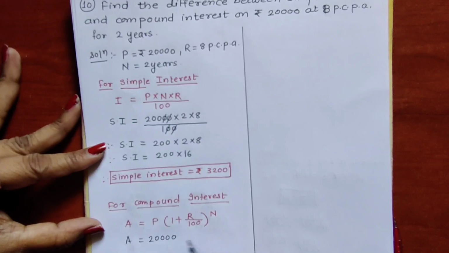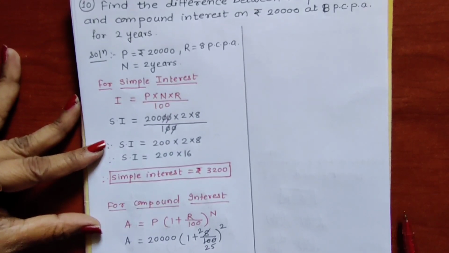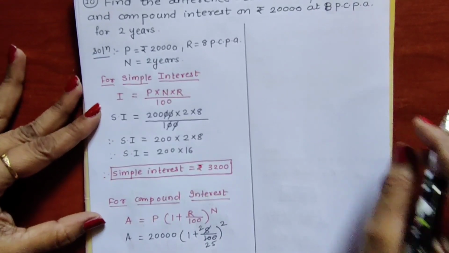Principal is 20,000. 1 plus R is 8 upon 100 raised to N is 2. Cancel by 4. 4 2s are 8. 4 5s are 20. So we get, okay, I will write here so full sum is visible properly.